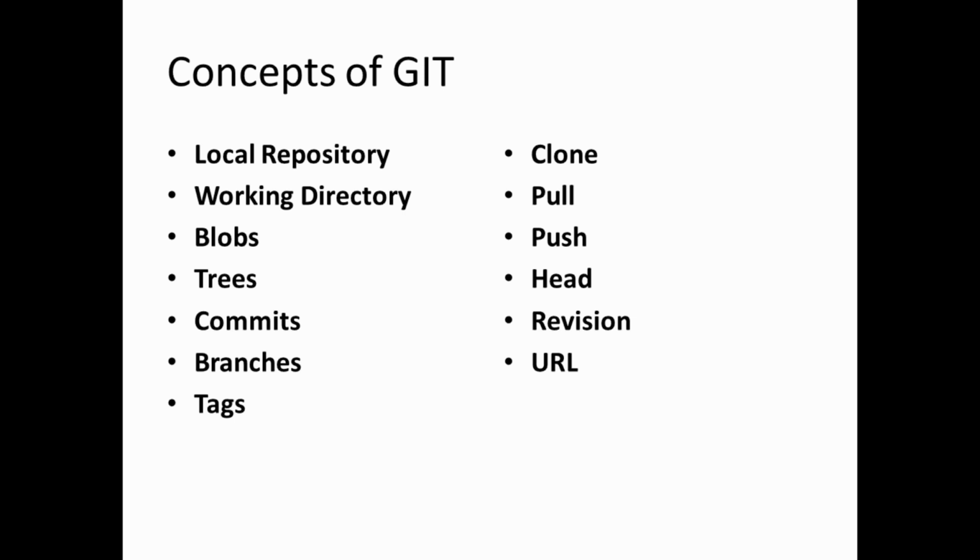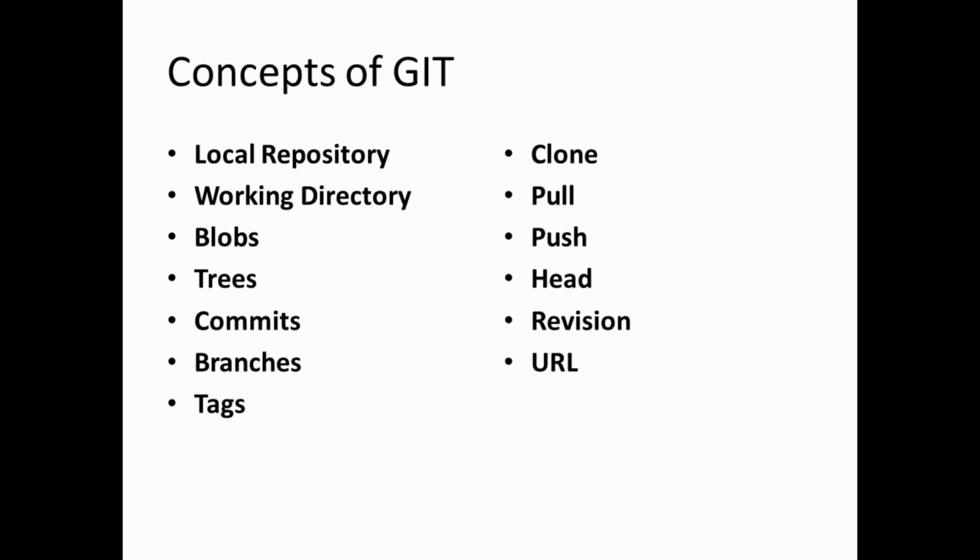Then it comes to clone. When we say cloning, it is from a Git repository when we want to pull the data. Pull is a command and clone also is a command, where the completely whole database of the repository will come to your local machine.